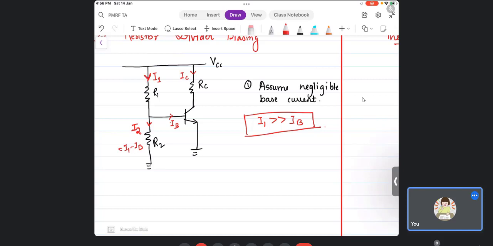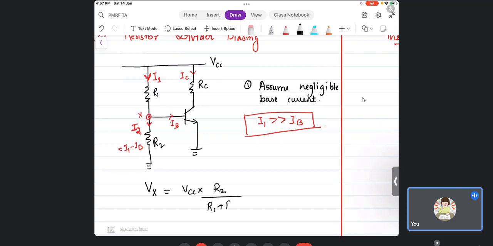In the GATE exam, the first method of resistor divider biasing will be given by starting with assume negligible base current. When I assume negligible base current, I put this node as X. Vx is VCC into R2 by R1 plus R2.